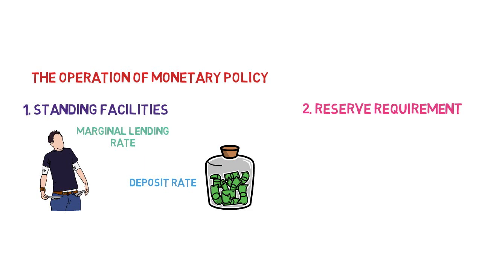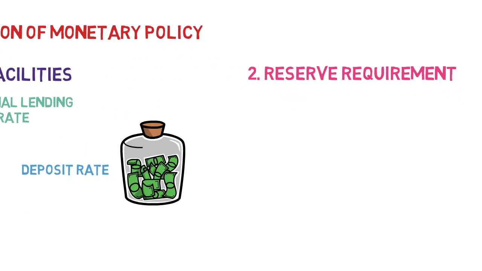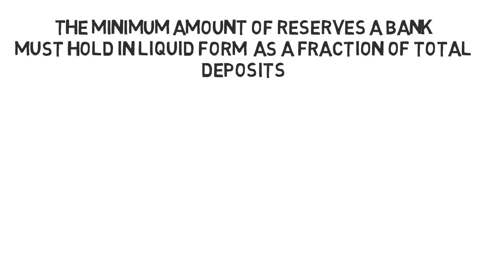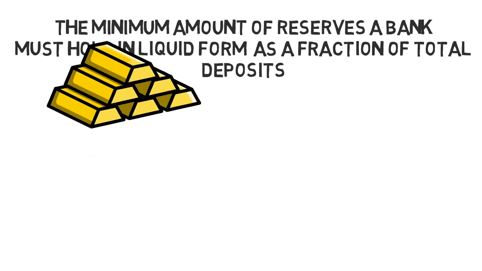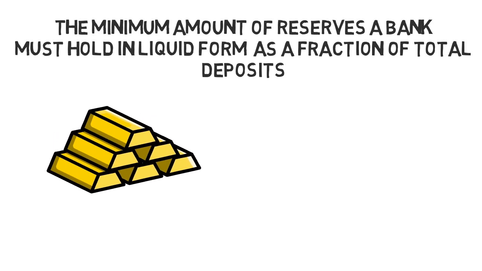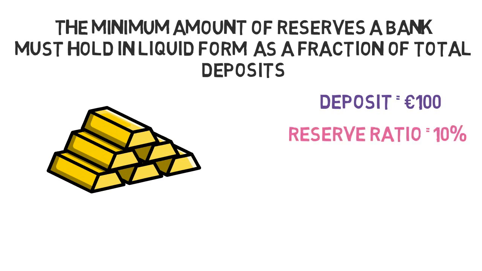The second tool of monetary policy is reserve requirement, and what this means is that it is the minimum amount of reserves a bank must hold in liquid form or cash form as a fraction of total deposits. So how does this work? Well, if an individual walks into the bank and deposits €100 cash into this bank, the reserve requirement, or the reserve ratio, for example, is 10% set by the central bank.